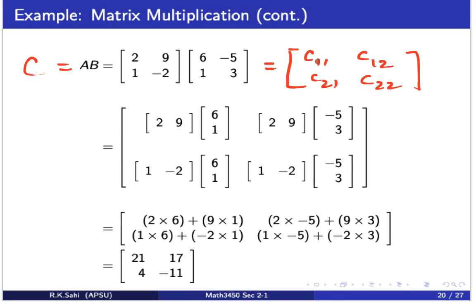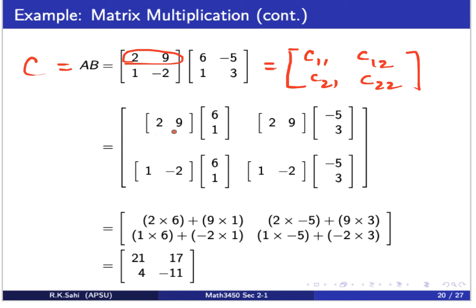Okay, what does C11 mean? The subscript will give me all the information. The first subscript tells me which row I have to take, and it was always going to be from the first matrix. So this one says you have to take the first row of the first matrix.